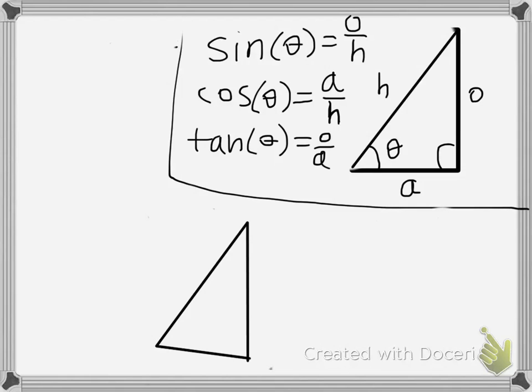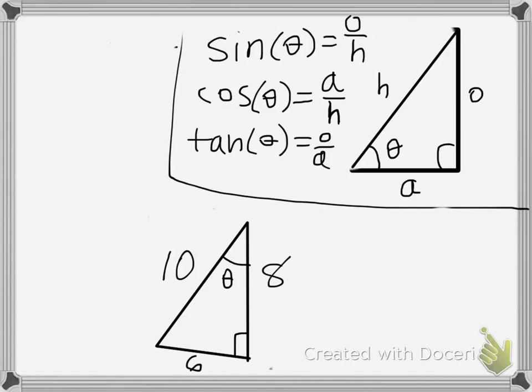This is still a right triangle, but now I'm going to make this top angle theta. And let's have this side be 8, and this side be 6, and this side be 10.